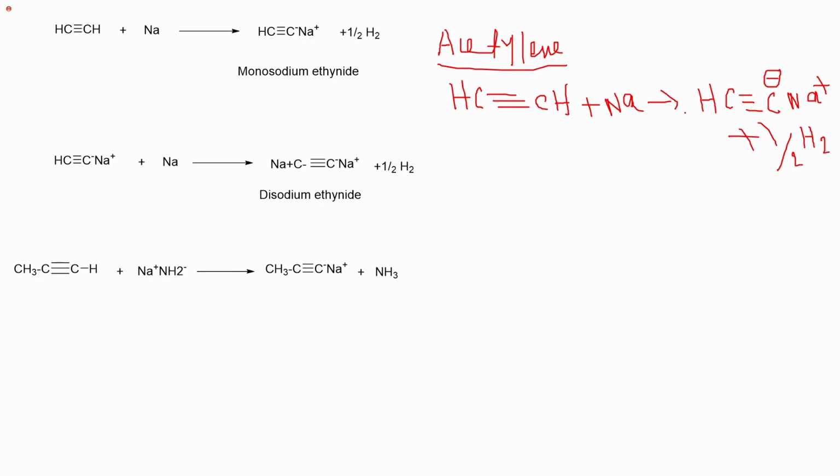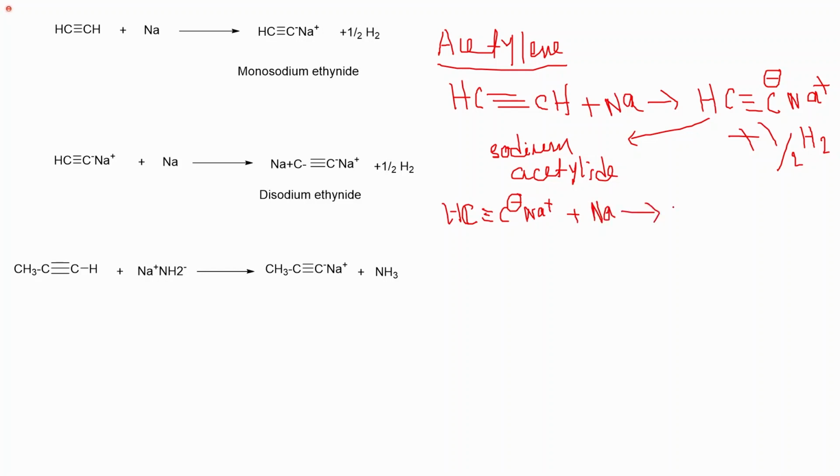Okay, now you have this sodium acetylide. This is called sodium acetylide: HC≡C⁻ Na⁺.